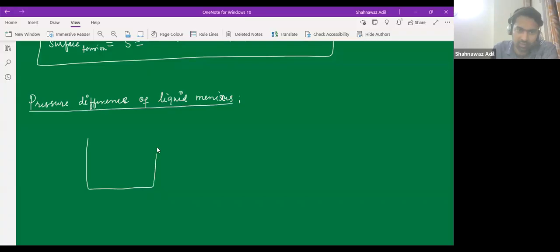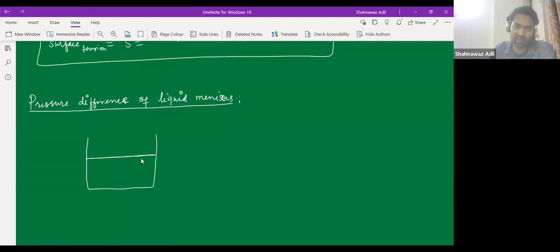Okay, so there are three shapes of the liquid surface, right? One is this one. This is flat.